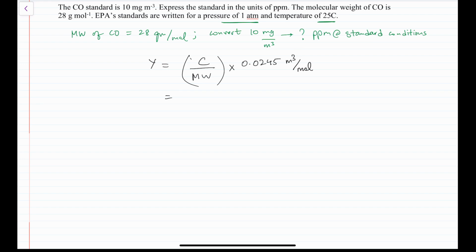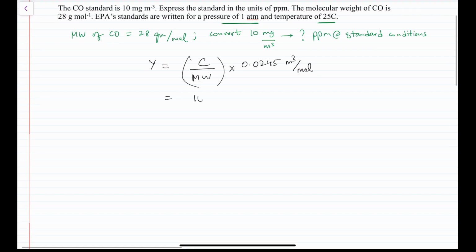So the concentration is, and make sure you write all the units because it's very important, else you can have mistakes. And the molecular weight, let's also convert this from grams to milligrams, so it would be 28,000 milligrams per mole. Just making my life a little bit easier by getting these in the same units.